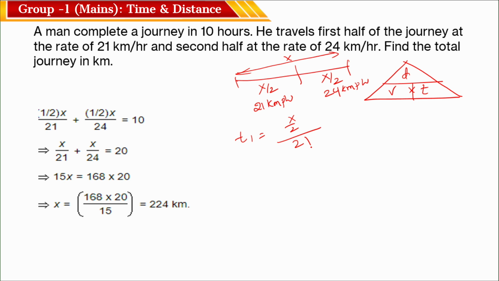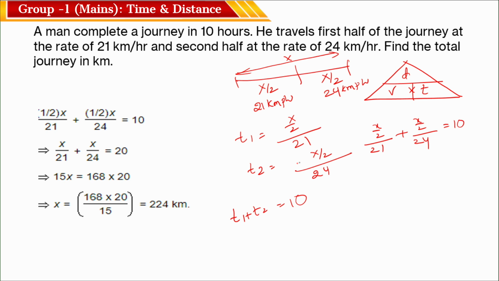Now consider t2: x by 2 distance and the speed is 24 kilometers per hour. As you know, t1 plus t2 is given as 10, correct. Now we use the same: x by 2 by 21 plus x by 2 by 24 equals 10.